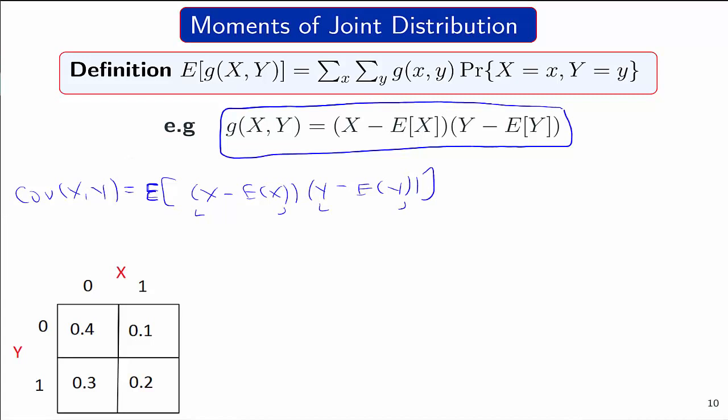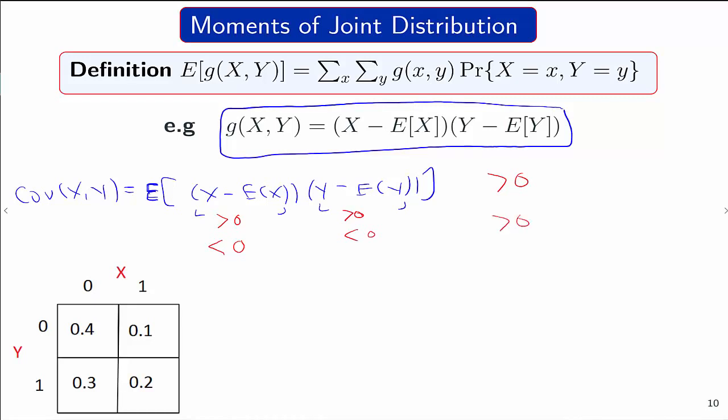So we can see, for example, if X is bigger than its mean on average, and Y is bigger than its mean on average, then we'd expect this to be bigger than 0. So that would give a measure that they both move together. If X was less than its mean, which would give this less than 0, and Y was less than its mean, together, on average, again, this would be greater than 0.